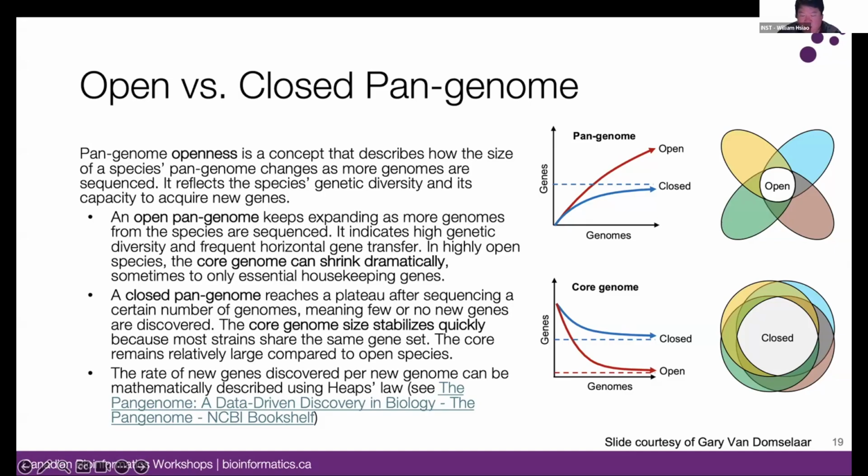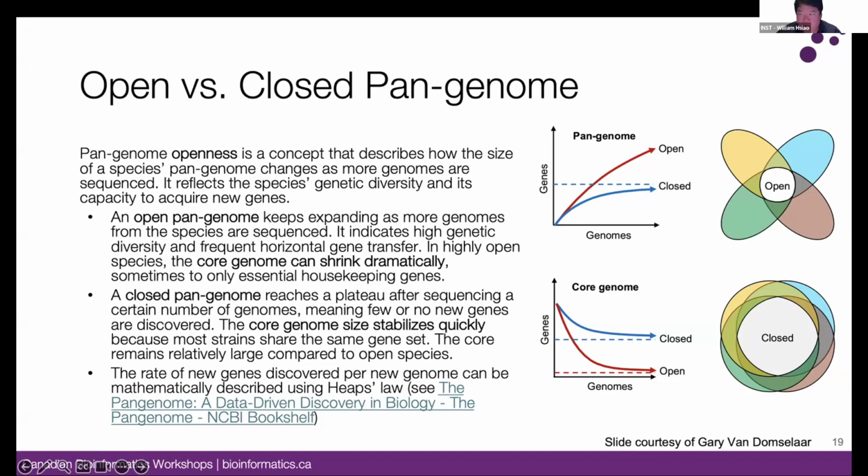And we know that different species or different organisms have different capacity in their ability to acquire new DNA through one of the mechanisms of horizontal gene transfers. So an open pangenome keeps expanding as more genomes from the species are sequenced. So it indicates high genetic diversity and frequent horizontal gene transfer.